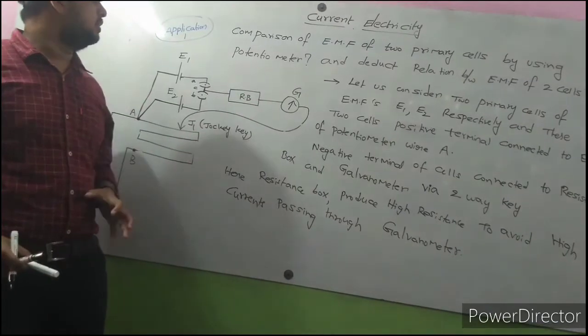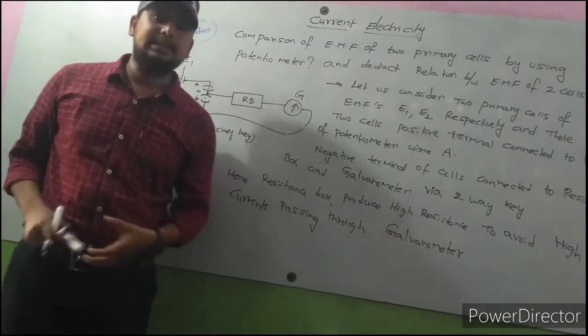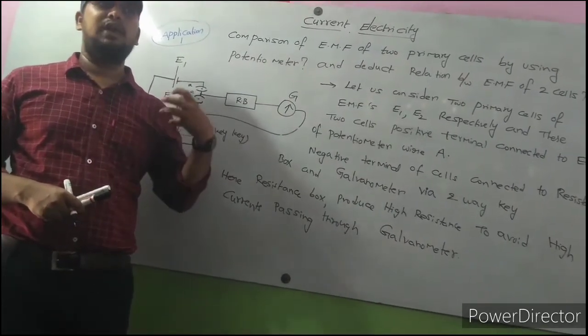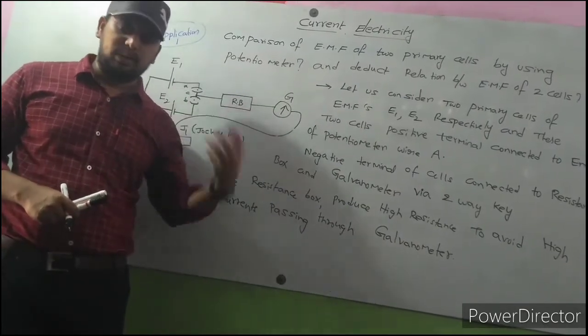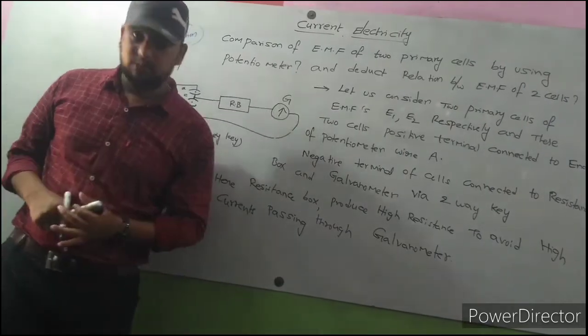So this is about the theory of this application 1. We will now discuss the derivation: how we compare the EMF of the two cells and derive E1 by E2 is equal to L1 by L2. We will discuss how we get it now.